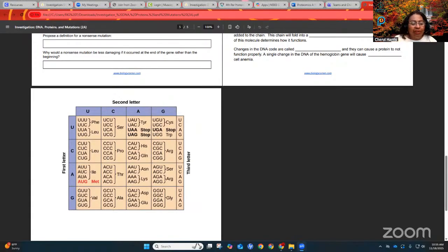And then we go on our chart, and A is this third row, C is the second column, and we come down. ACU is THR, and this is one of those where there are 4 ways to get that amino acid. Now, it's important that you pay attention to the fact that for some of these there are 4 ways to do it, some of these there's only 1 way to get it, and some there are 2 ways. That's important. It's going to be a question that's going to be asked later on.